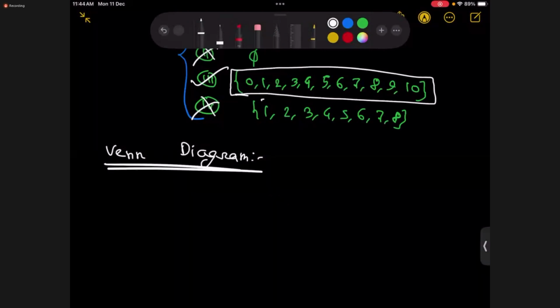This diagram is named after the logician John Venn. Usually we use two shapes, a circle or a square. The circle stands for a set or subset, and the square stands for the universal set.